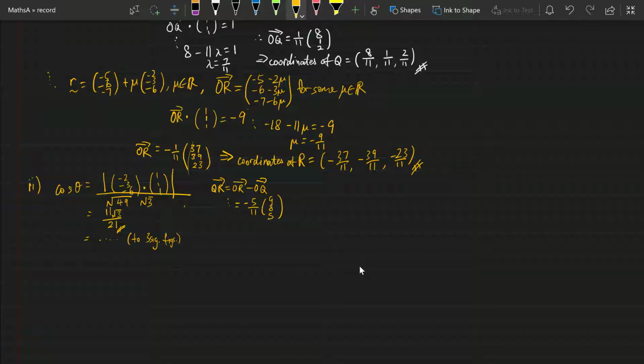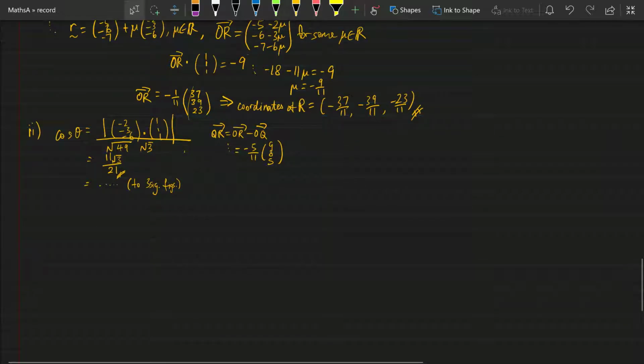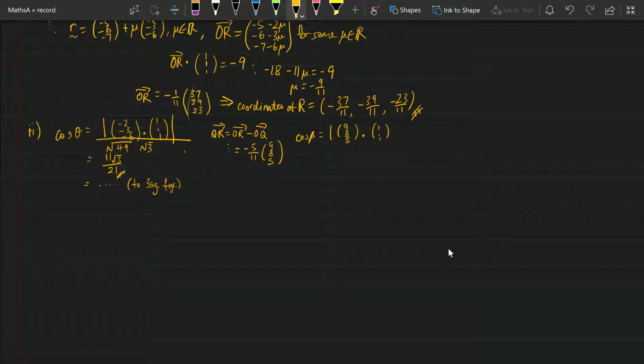You should get that too. Then if you want to move on, repeat the same process. Cosine beta is equal to the modulus of this 985 dotted with the normal vector 1, 1, 1, divided by the magnitudes of the individual vectors, so this 170 and square root 3.